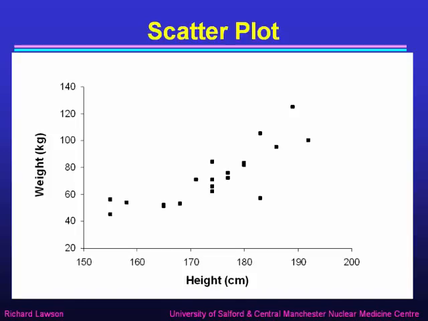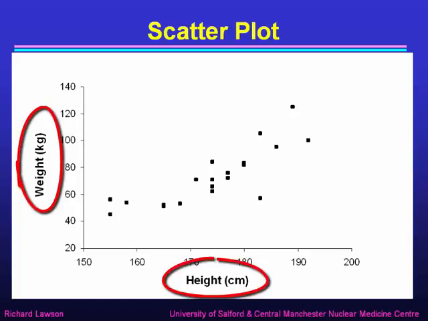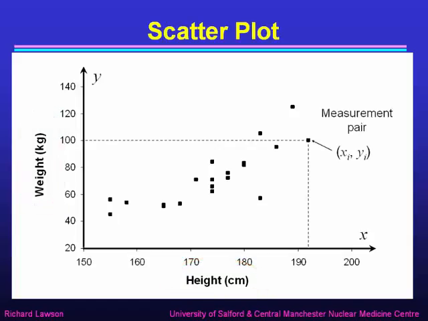Here's an example of a scatter plot showing weight in kilograms on the vertical axis and height in centimeters on the horizontal axis. On this plot, each point represents a pair of measurements xi and yi. We've used x for the height on the horizontal axis, so xi is the height of the ith patient.